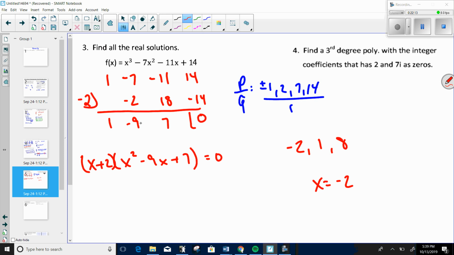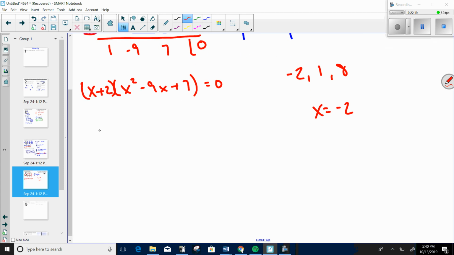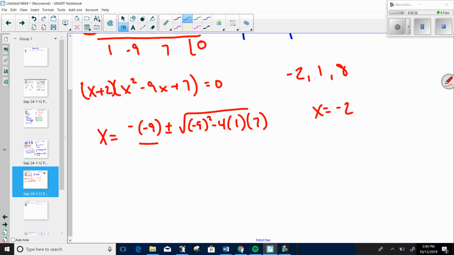X squared minus 9x plus 7 is the quadratic. This is a quadratic, not factorable, so you use the quadratic formula. X equals negative b, which is negative 9, plus or minus the square root of negative 9 squared minus 4 times a times c, all of that divided by 2a, which is 1.